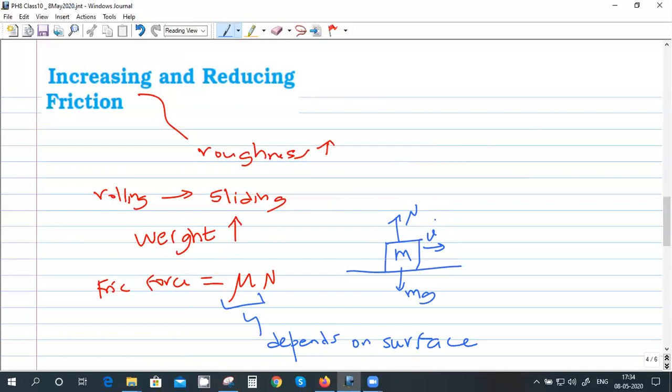So N will be equal to mg, because the net force in the vertical direction should be 0, and mg is weight, right? Yes, sir. So if the weight is more, N is more, and if N is more, friction force is more.